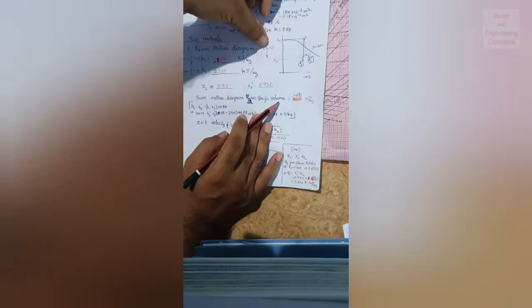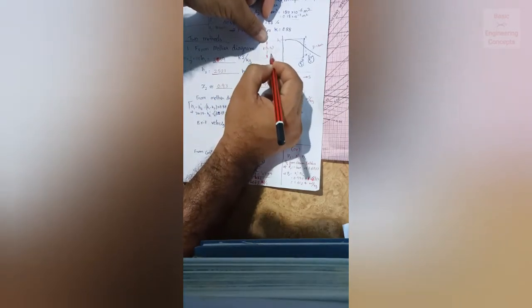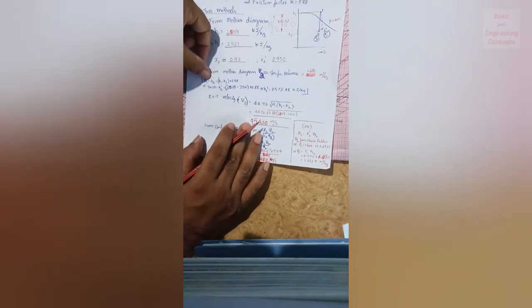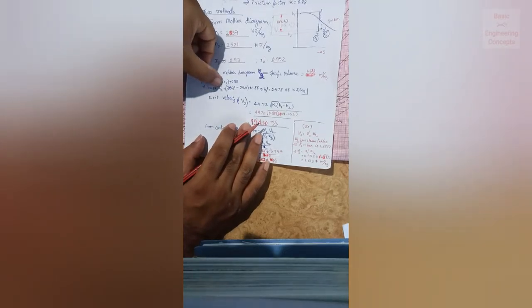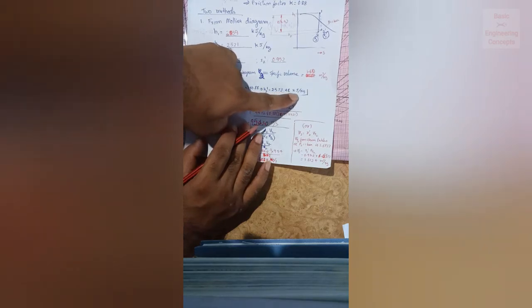That is, h1 minus h2 dash is equal to k into h1 minus h2. Using this, you find h2 dash. h2 dash is 2573.48 kilojoule per kg.